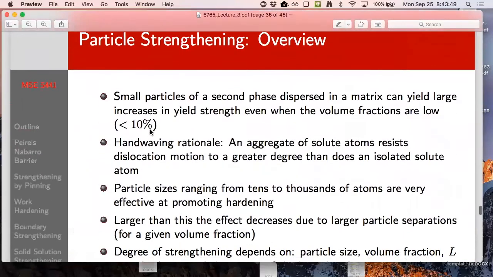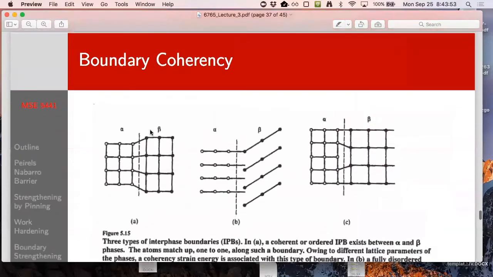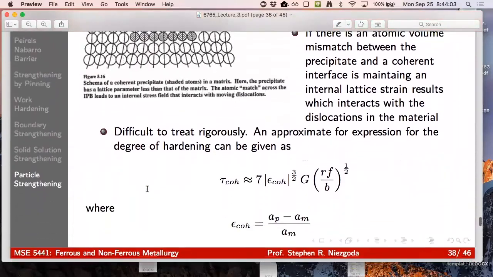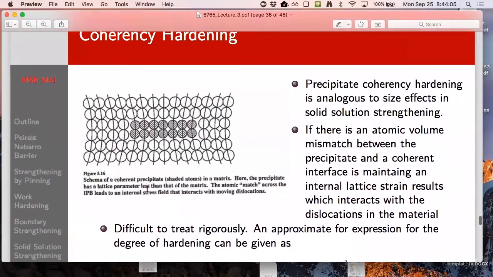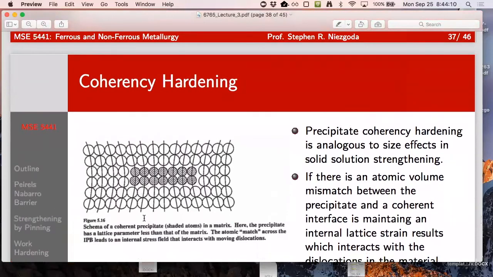Particle strengthening, we've got coherency effects. Obviously, this picture is much easier to cut than this picture. And notice the example, even though they don't say it, this looks like the example that was given in the reading for cutting a coherent precipitate.